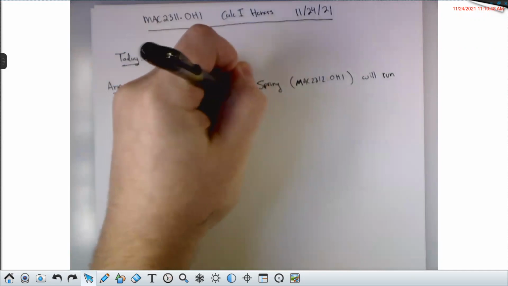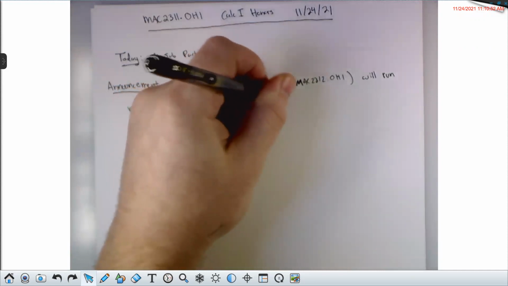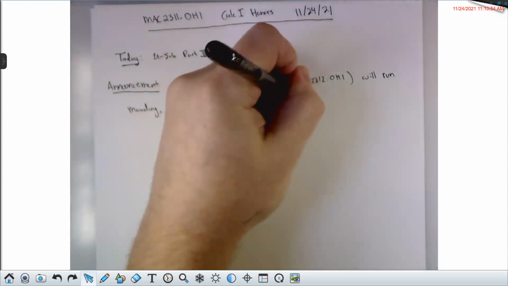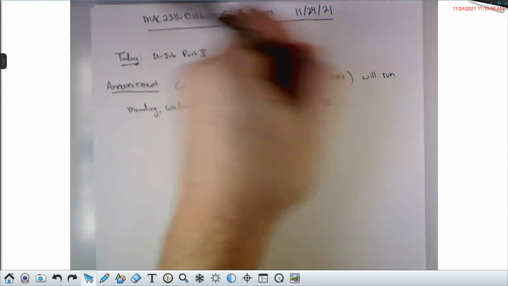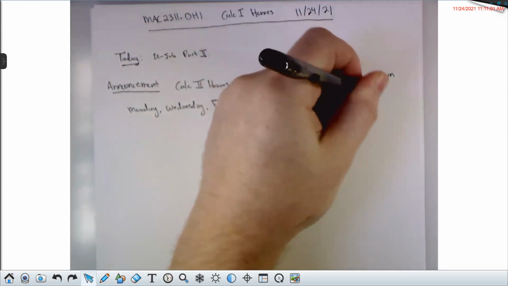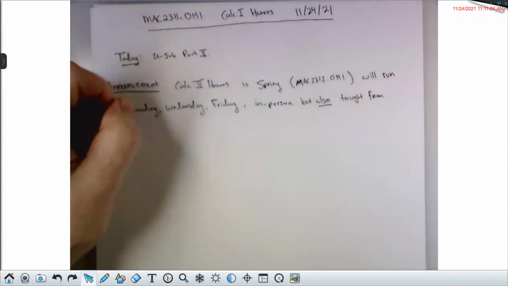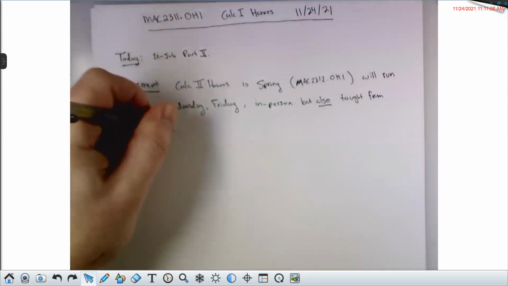It will be largely in person, but also taught from what's called a high flex room.